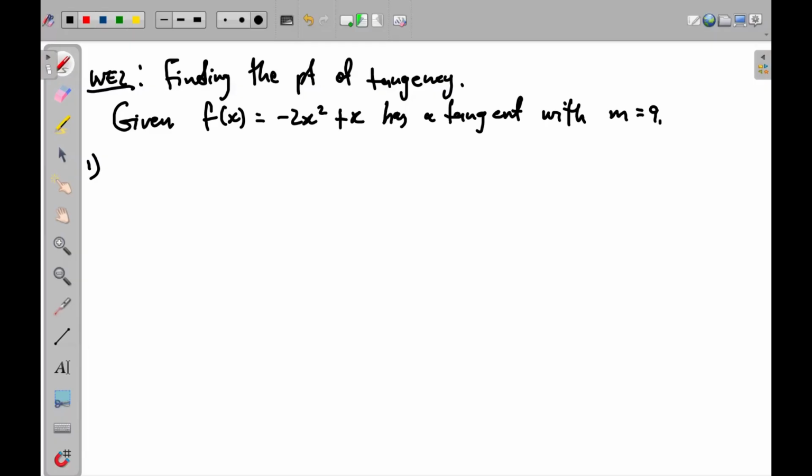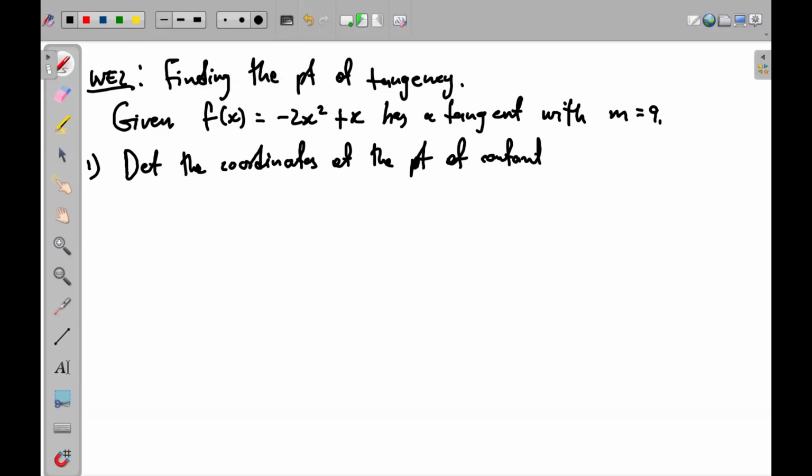Number one, determine the coordinates of the point of contact, obviously the point of contact between the tangent and the graph. And then number two, determine the equation of the tangent.